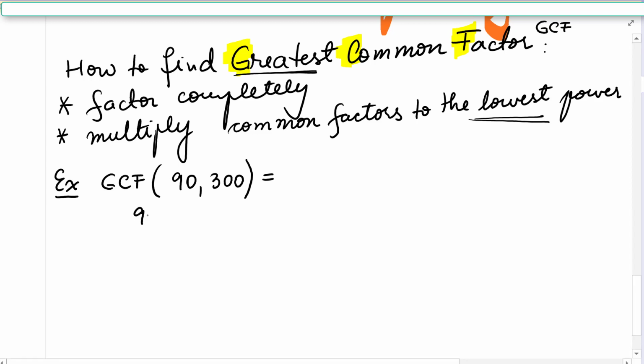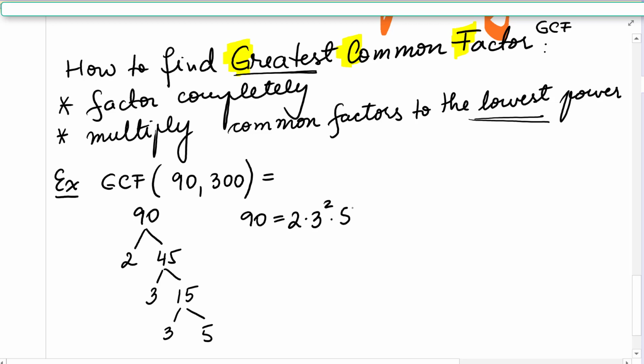So let's do the prime factorization for 90. So 90 can be divided by 2 and we get 45, then by 3 and we get 15, and then by 3 again and we get 5. So basically 90 can be written as 2 times 3 to the second times 5. These are the factors of 90.